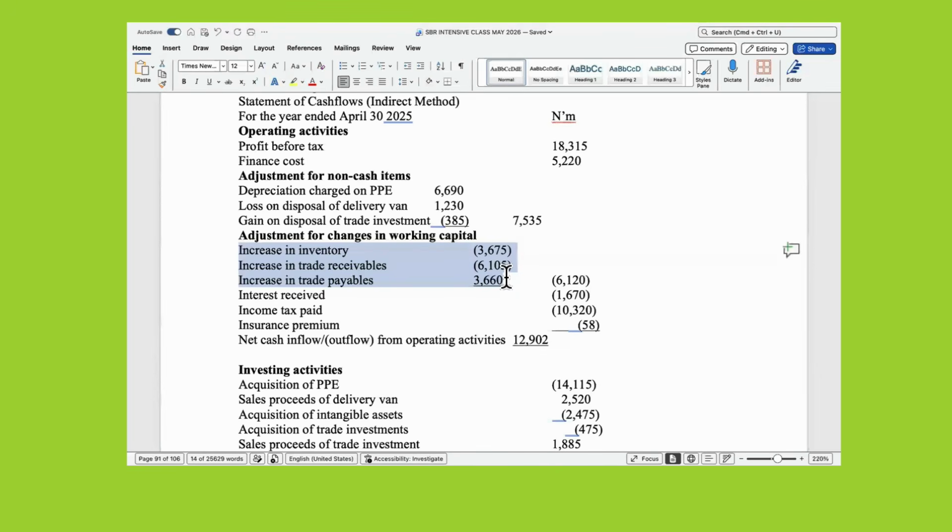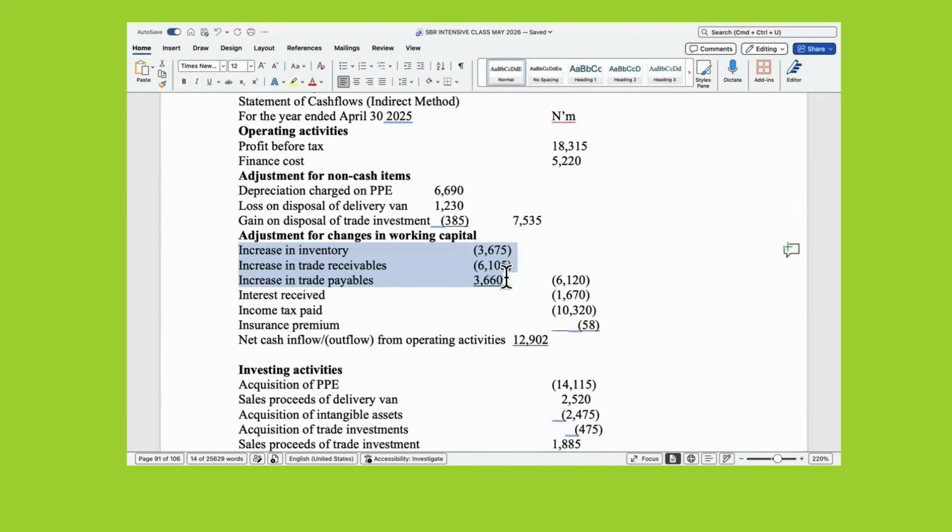But the easiest way for you to interpret this in the exam is that when inventory increases, it means you are buying more inventory, outflow. When receivables is increasing, it means that you're selling more. It means that you're giving out goods. That's why your receivables is increasing, outflow.